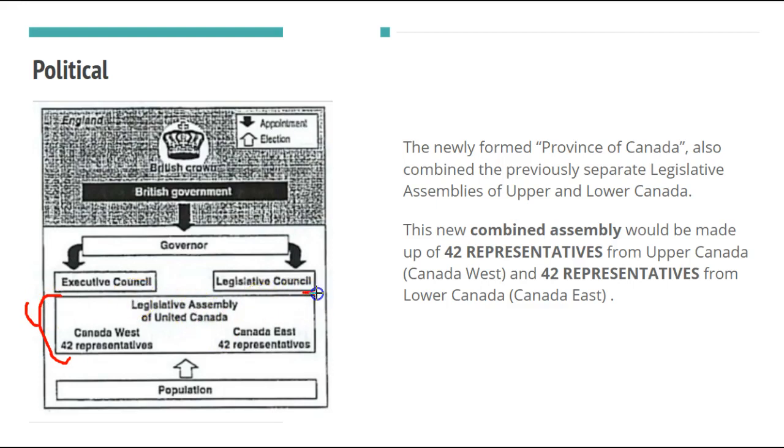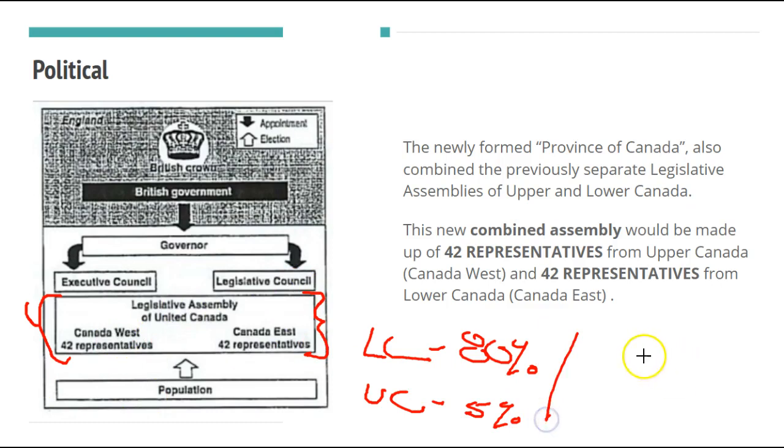Because within this larger assembly, if we have Lower Canada with a population of maybe 80% French Canadian, and Upper Canada, which is maybe 5% French Canadian at most, when you combine the two assemblies together, now maybe French Canadians make up 30% of the population, and English Canadians would make up the remaining 70%.